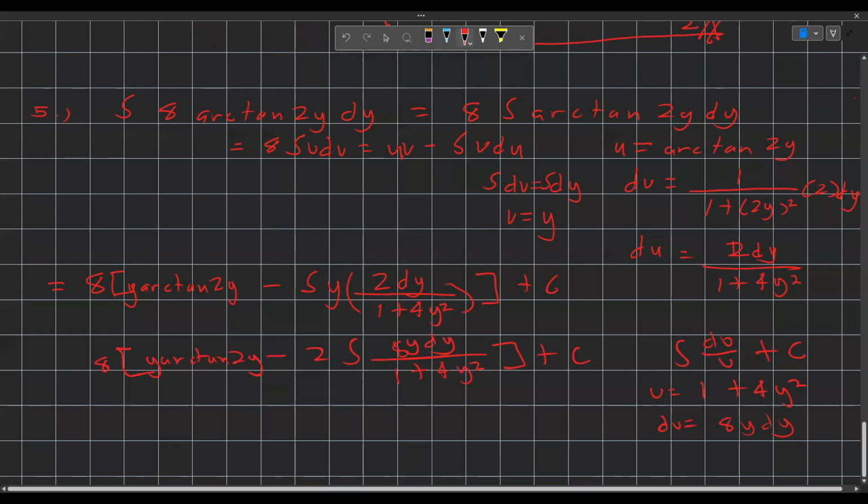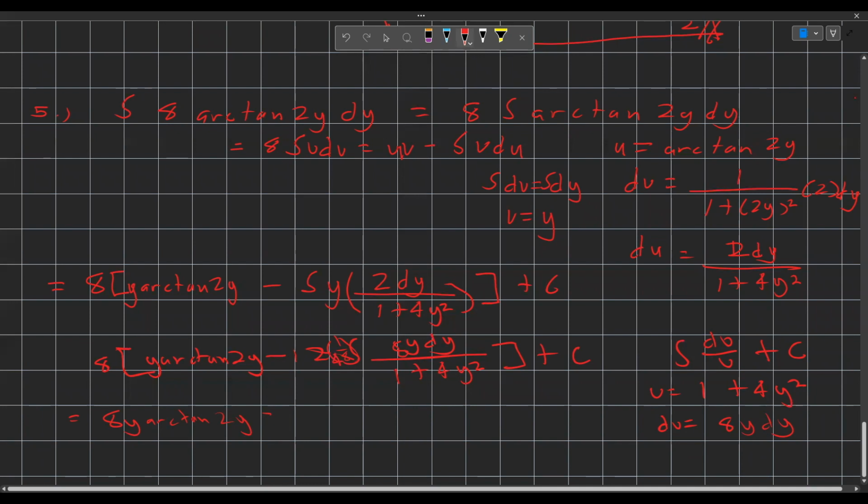And this one we multiply by 1 over 8, so it just cancels out. Which means that now we can get our final answer for here. So if we multiply 8 here, it becomes 8y arctan 2y. Then this will cancel, this will become 1, and this will become 4.